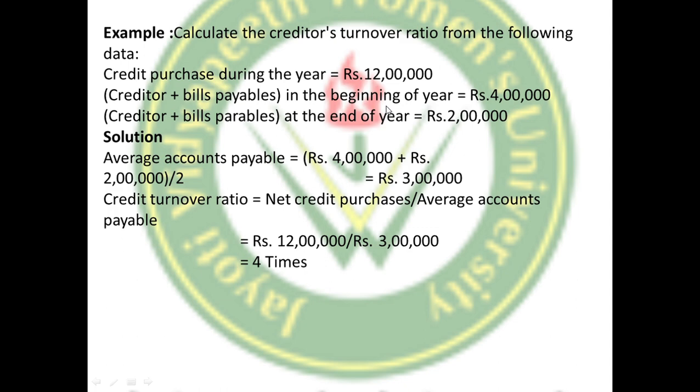At the beginning and at the end, 4 lakh plus 2 lakh, and whatever answer comes, we divide it by 2. So the average account payable is 3 lakh. To calculate creditor turnover ratio, we divide 12 lakh by 3 lakh. The answer will come as 4 times. So this is the creditor turnover ratio.